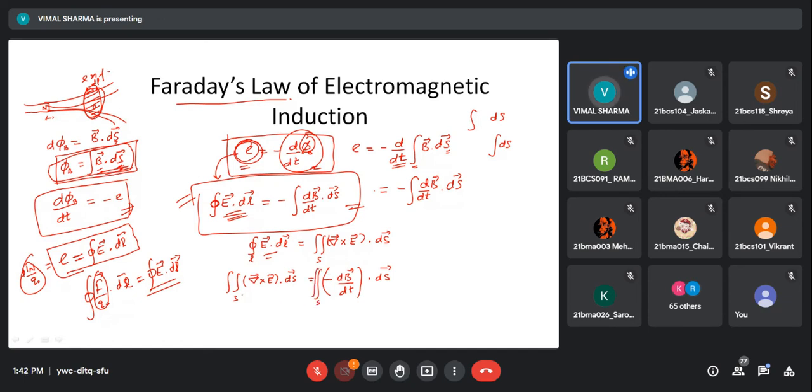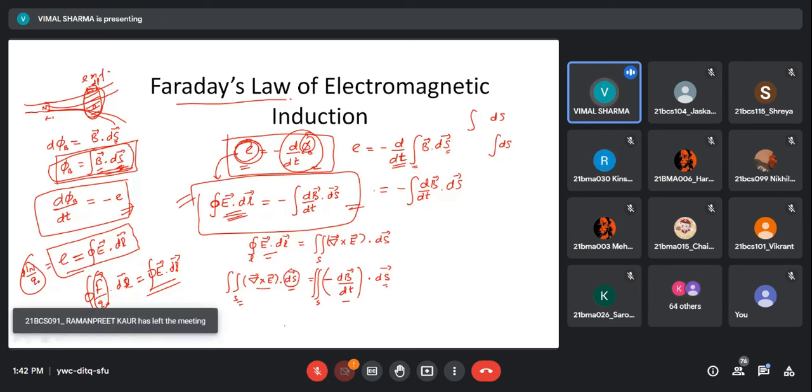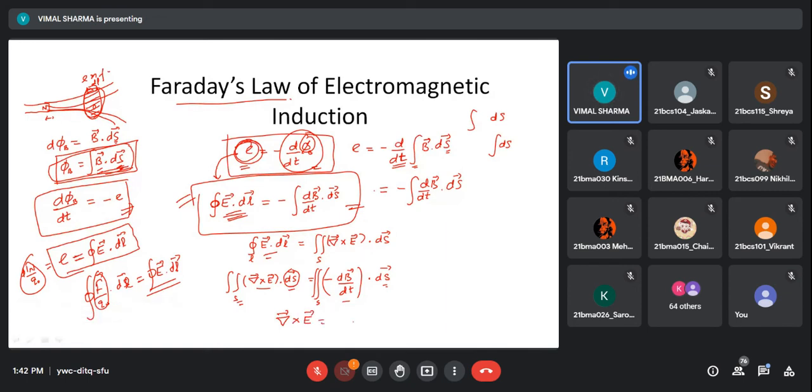So now we have surface integrals on both the sides, and because the surface is arbitrary, I can equate integrands. So I get curl of E is equal to negative of d by dt of B.